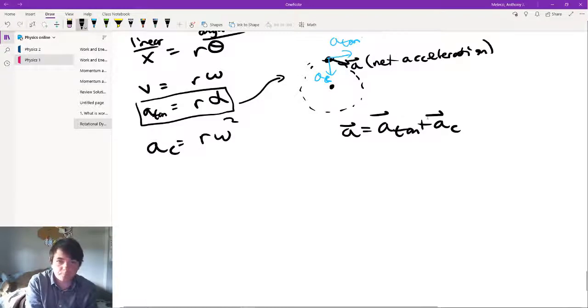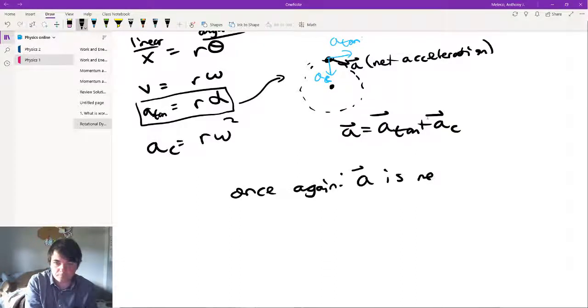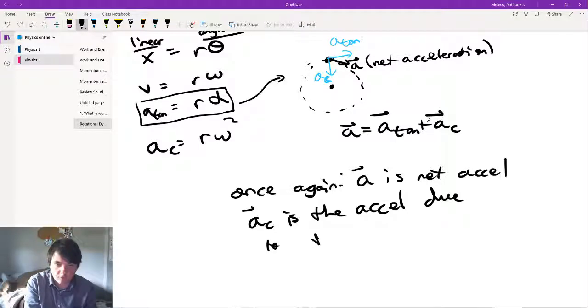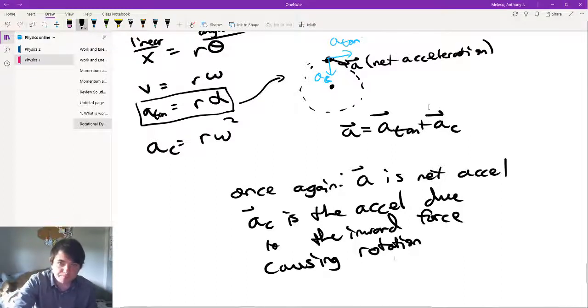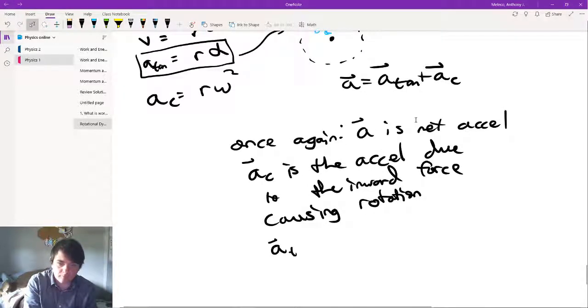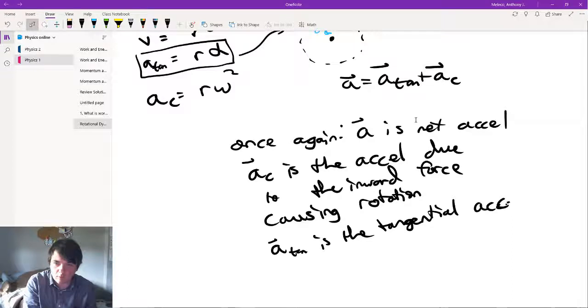Once again, A is net acceleration, and AC is due to the inward force causing rotation.